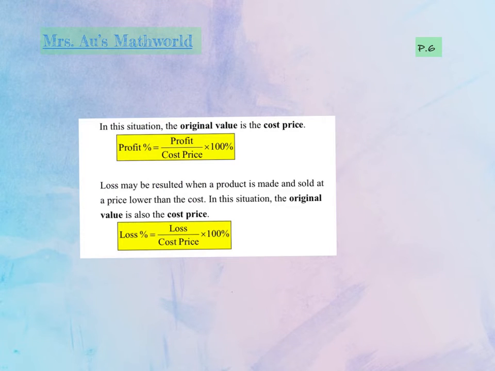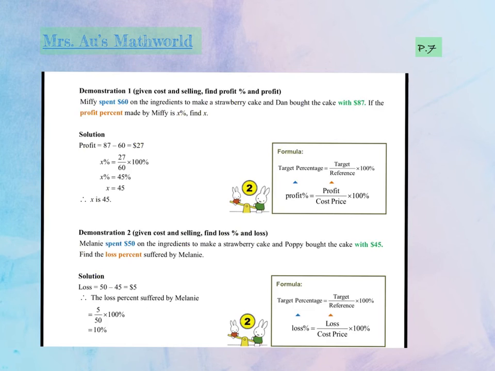As a result, we have discussed the formula for profit percentage and loss percentage of MainBooklet page 6. So please go to page 7 to have a look how to use them. In demonstration 1, Miffy spent $60. That means this is the cost price. Let me highlight it in blue for cost price.